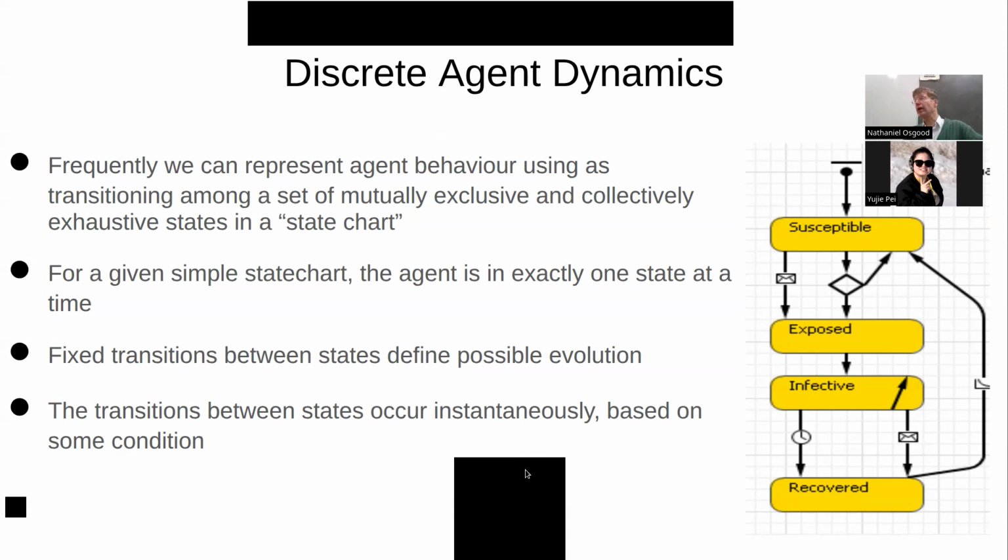I will note that not long ago, agent-based modeling packages didn't have an abstraction of state charts, and the code to implement the logic of state charts was often hand-coded from top to bottom.